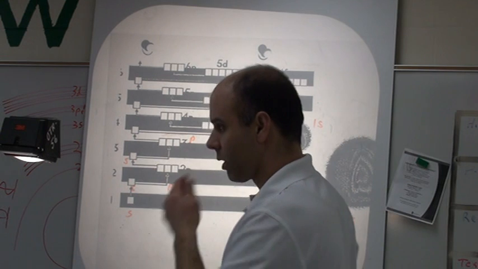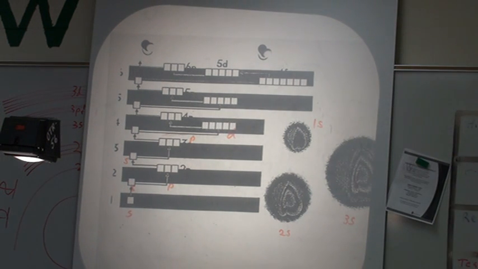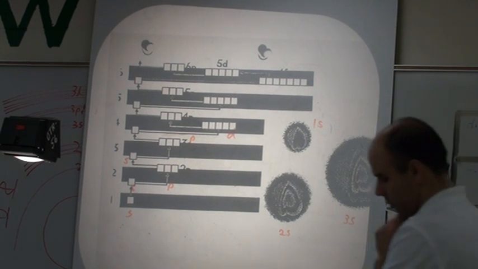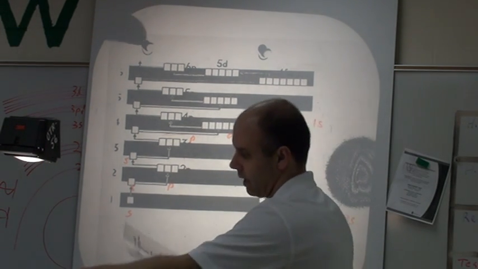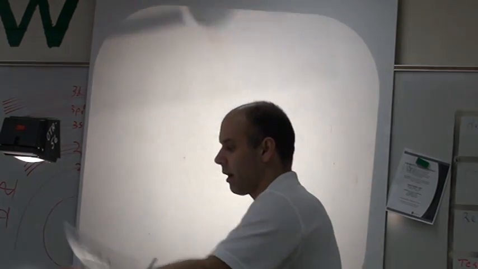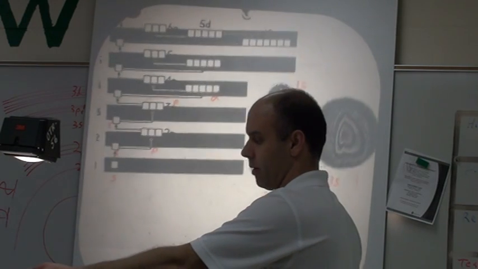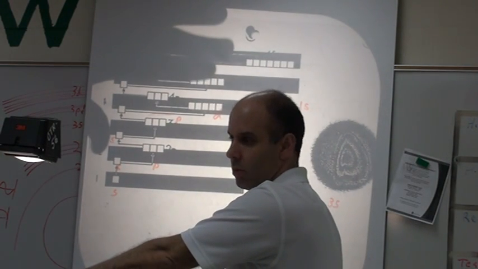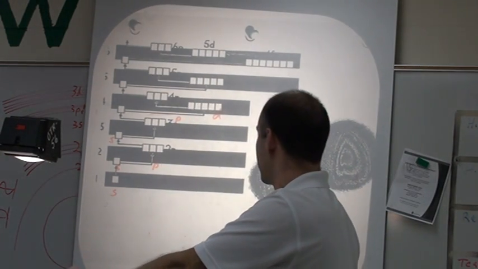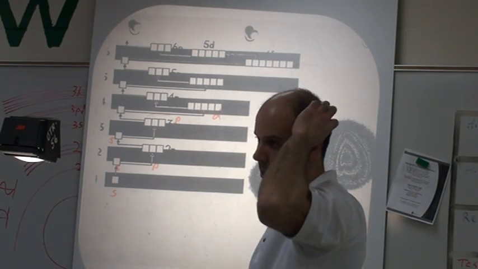So what we're going to do is we're going to start to write out the locations where electrons are in different atoms. And there are some rules for doing this. And I'm going to flip back and forth between the rules and this chart. This chart will be very helpful for you in the beginning. Once you get it down, you probably won't need this chart anymore.